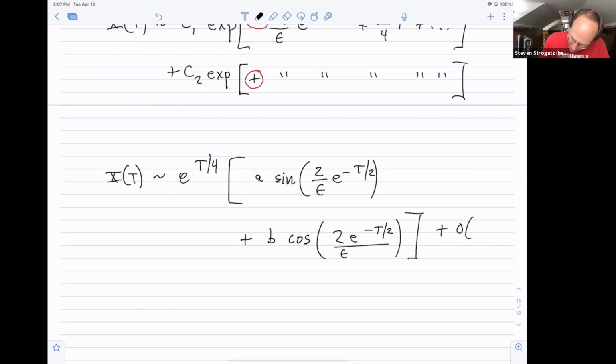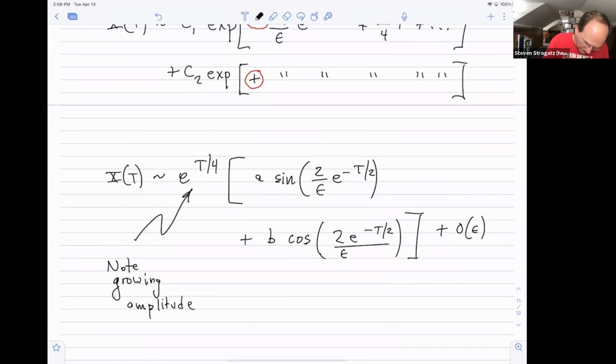Plus order epsilon correction terms for the whole thing. So just notice this growing amplitude for one thing. So this is what WKB is predicting for the behavior of the mass on this slowly aging spring.